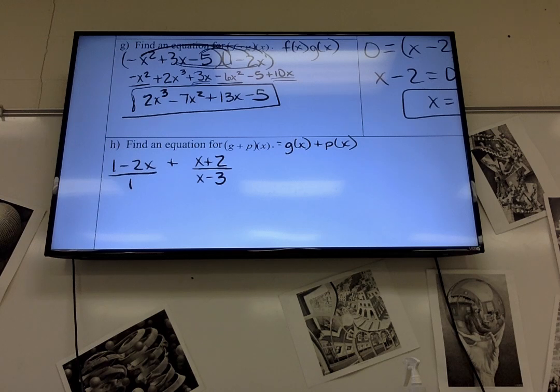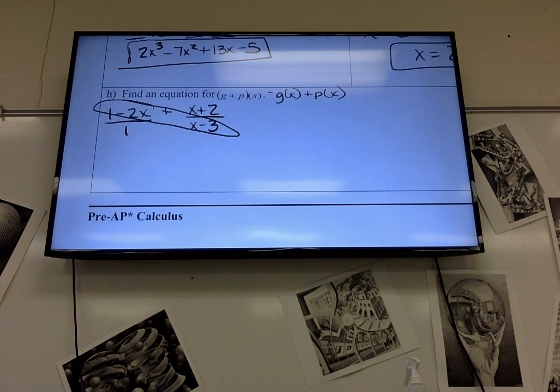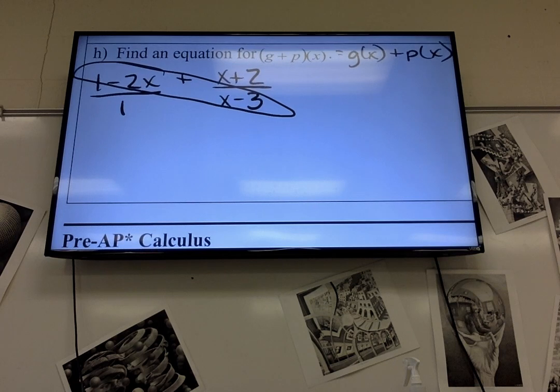So to do the bow tie method, you multiply diagonally. So I'm going to multiply 1 minus 2x times x minus 3.